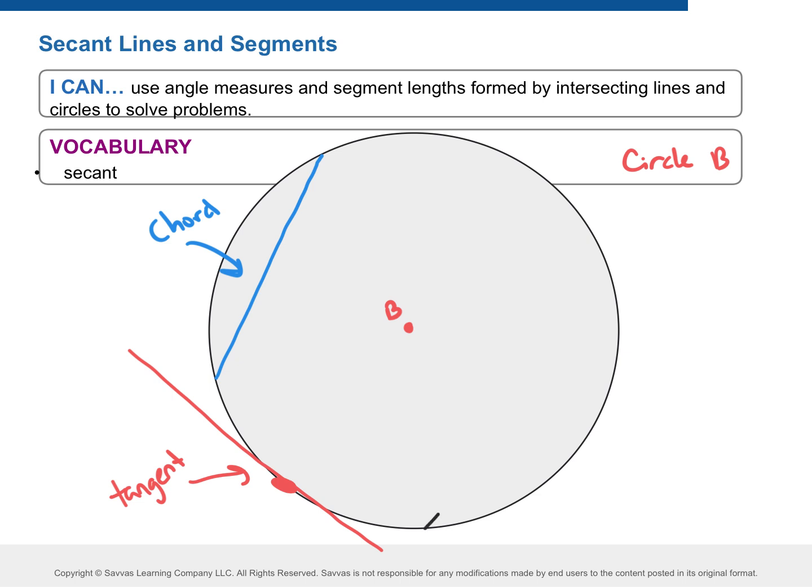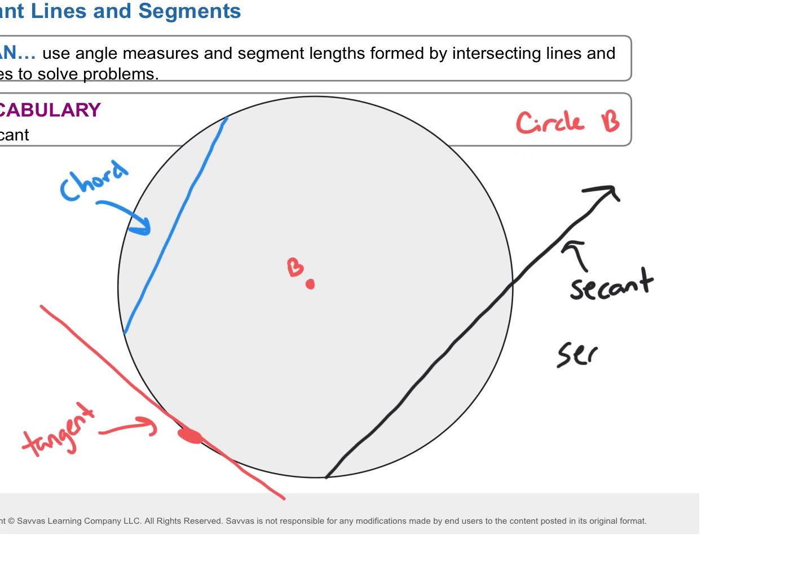Okay, what a secant line does is it goes through the circle, but not through the center. So I'll write that definition for you. A secant line is a line that goes through the center.